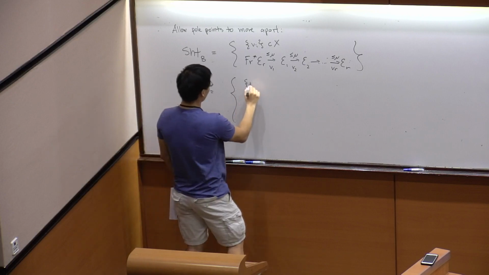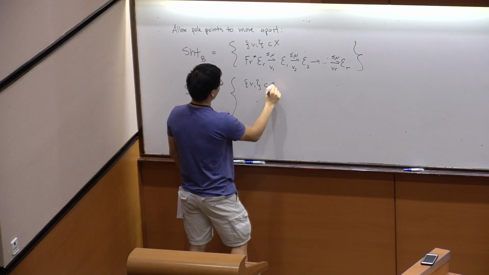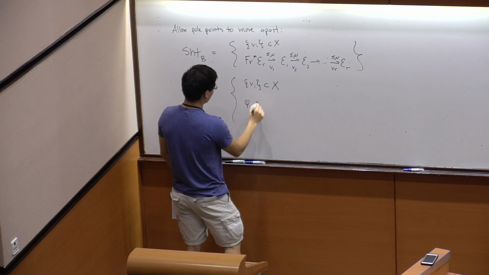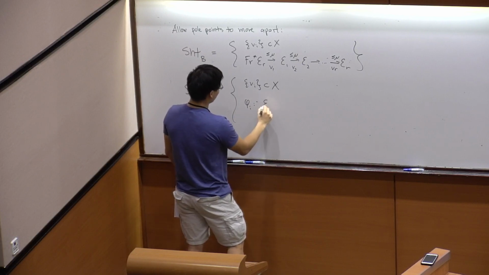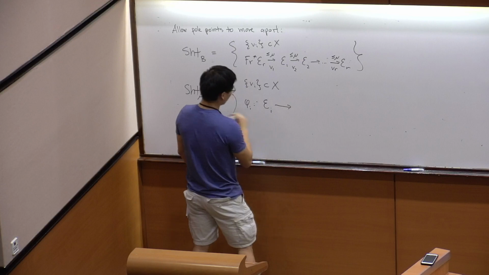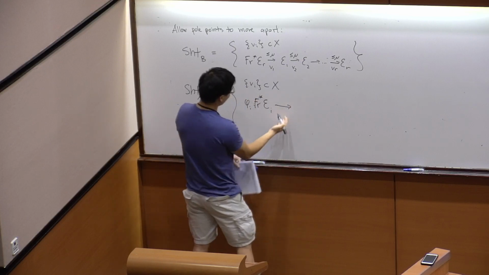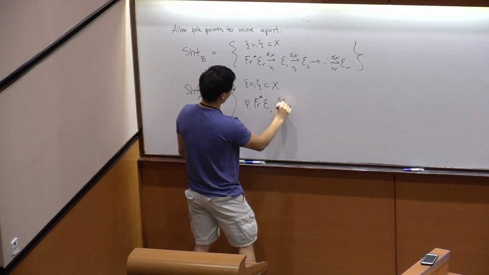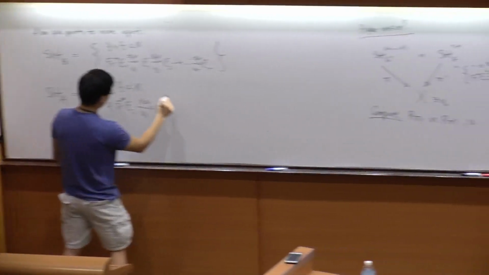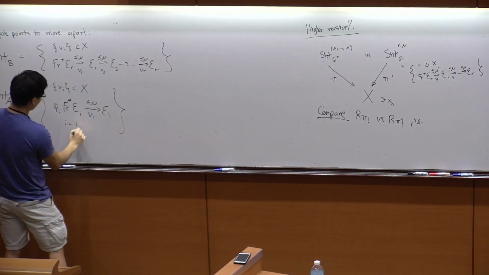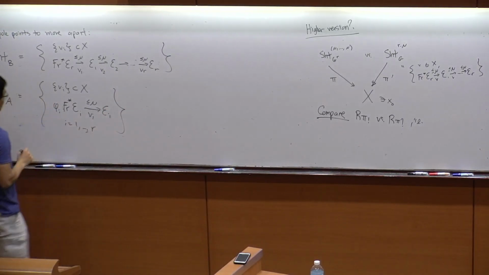So this will parameterize a collection of points v_i in X and a rational map with a pole at v_i of order at most mu for each i from 1 to R. Okay, any questions about this?